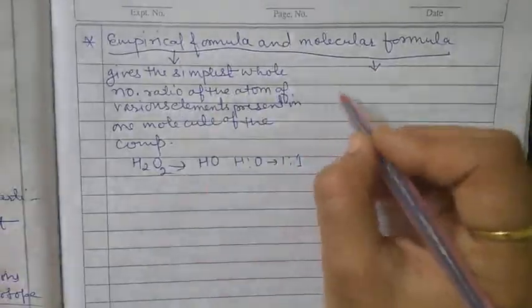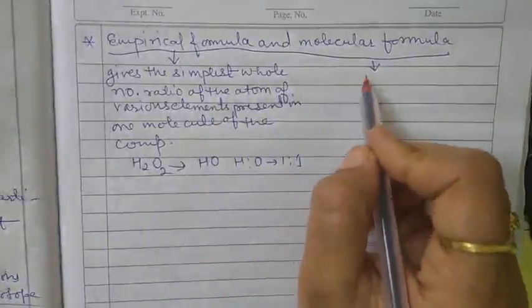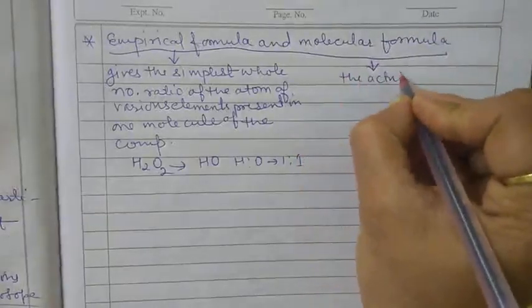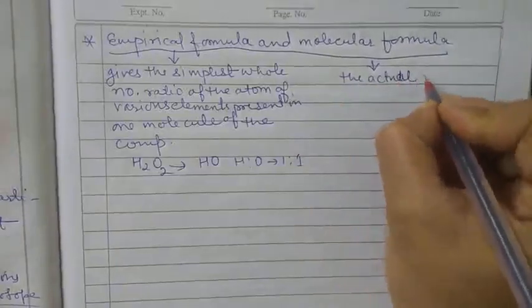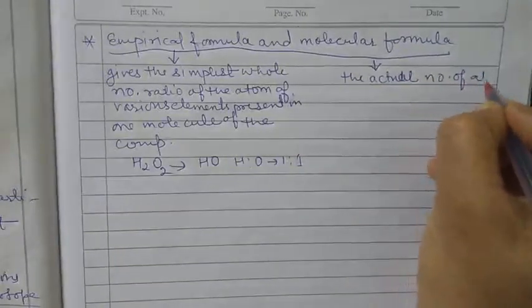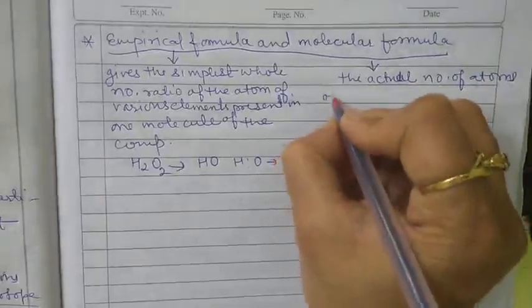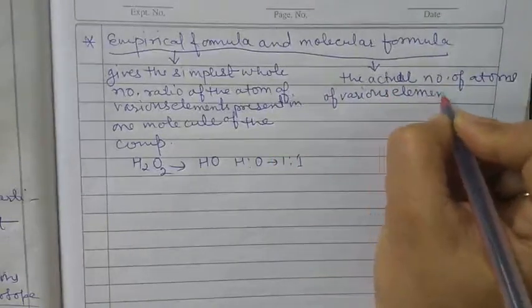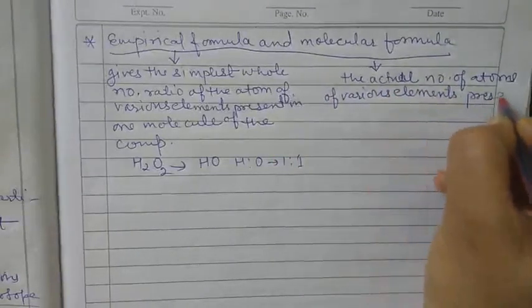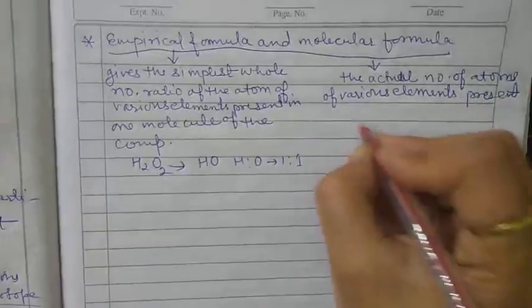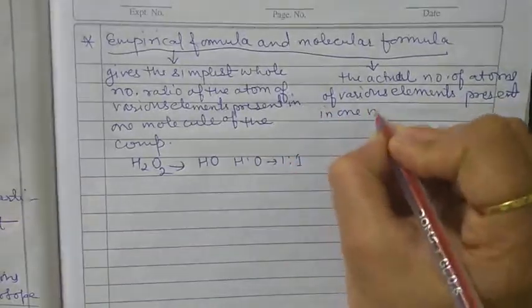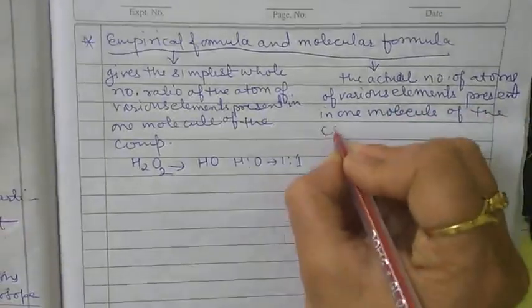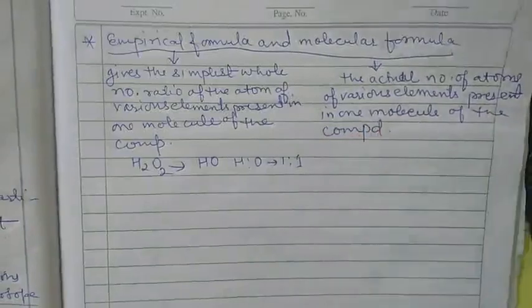So the molecular formula means the formula which gives the actual number of atoms of various elements present in one molecule of the compound.